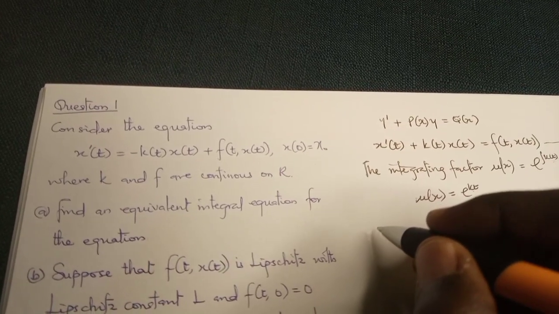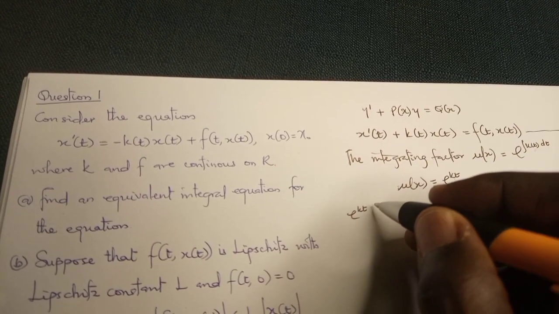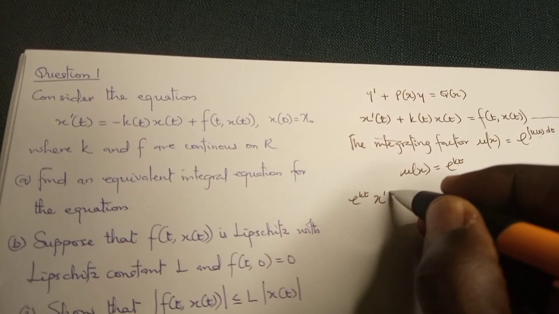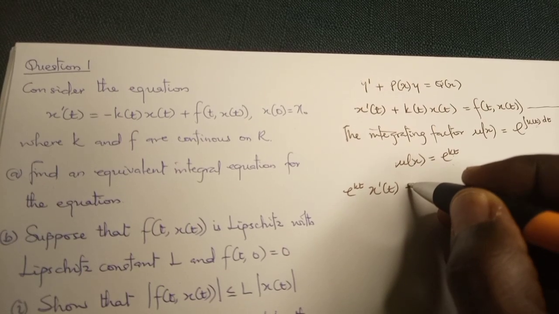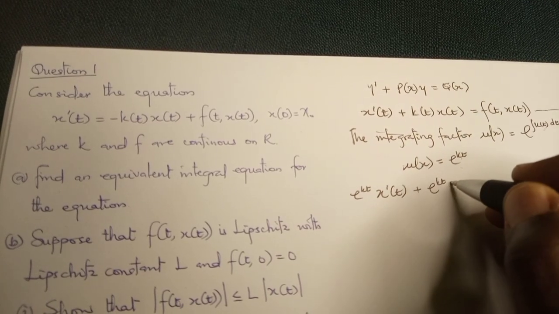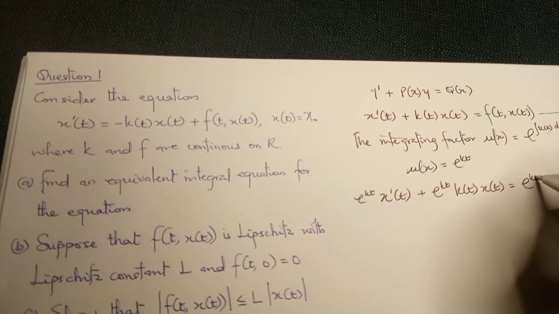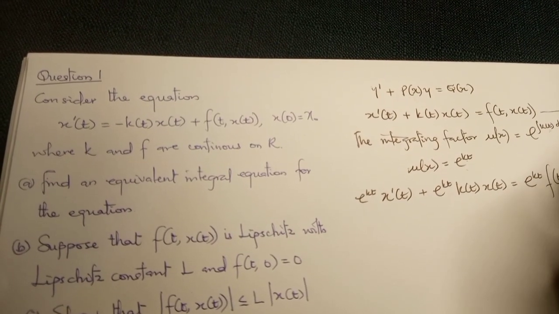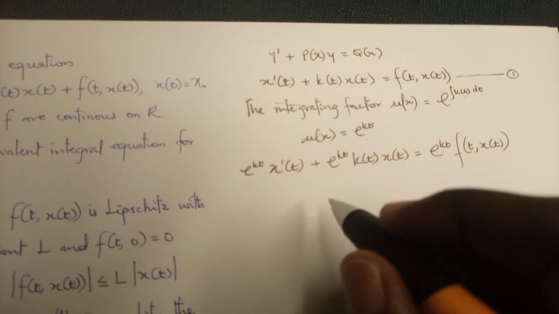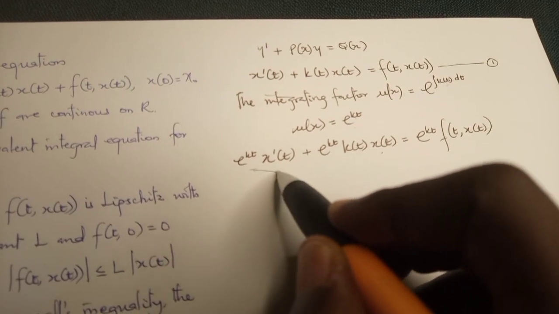We have e exponent kt times x prime of t plus the same thing here, e exponent kt, k of t, x of t equals e exponent kt f of t x of t. Then we compress this.